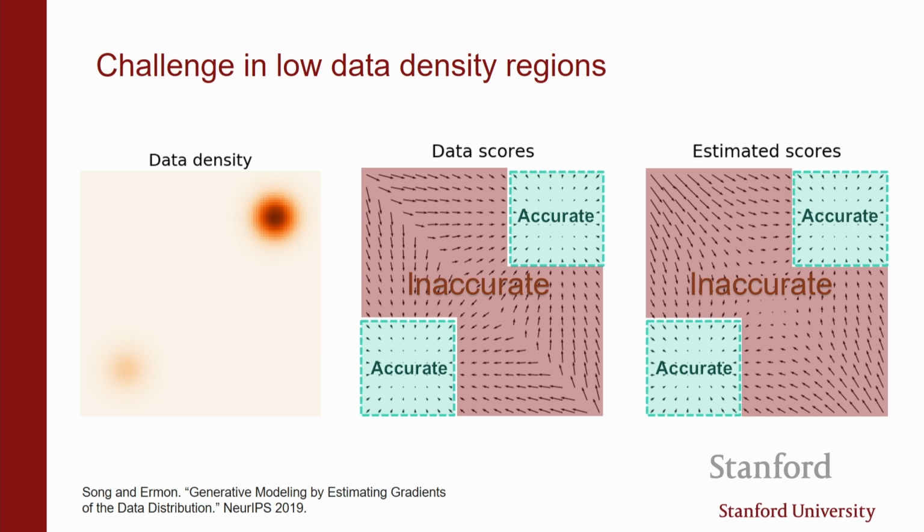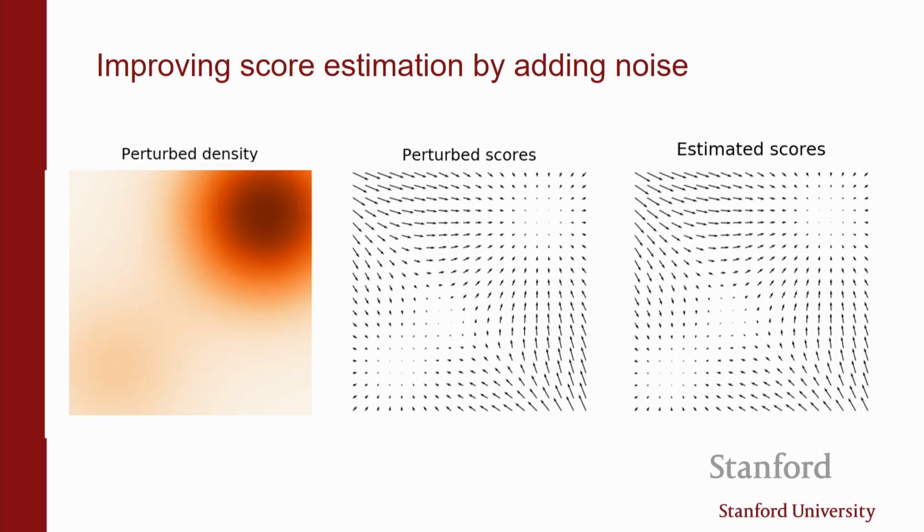But if you think about adding noise, it's a good thing for us, because if you add noise to the data, then the samples of the noise perturbed data densities are going to be spread out all over the space.